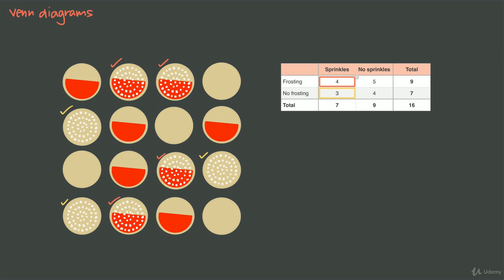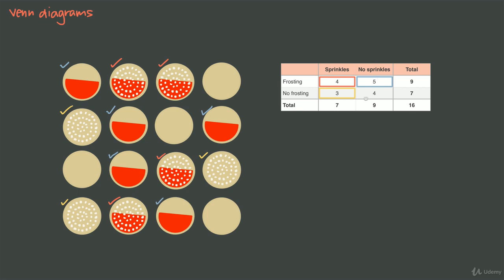Then we look at the second column, first row, because we're going through each cell in our body here. And we can see that this cell represents frosting but no sprinkles. So we have the red frosting but no white sprinkles. And that would be 1, 2, 3, 4, 5 of our cookies that have frosting and no sprinkles.